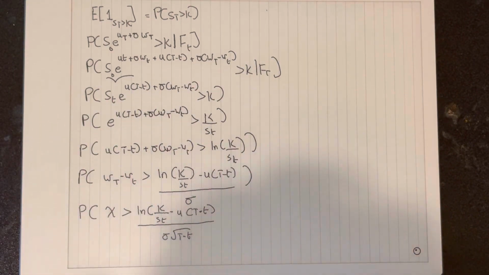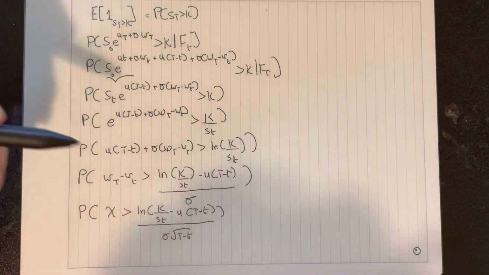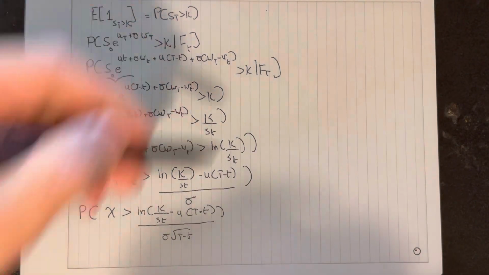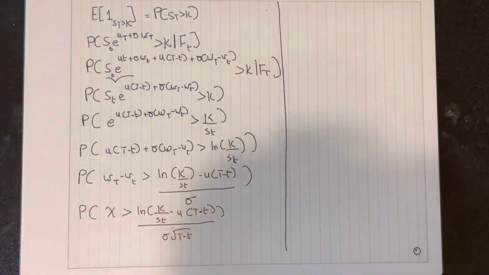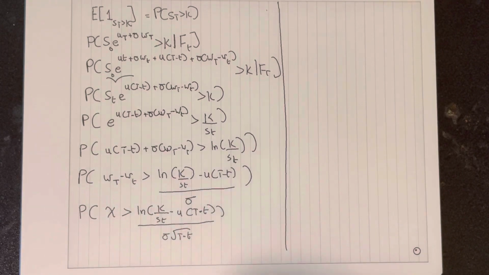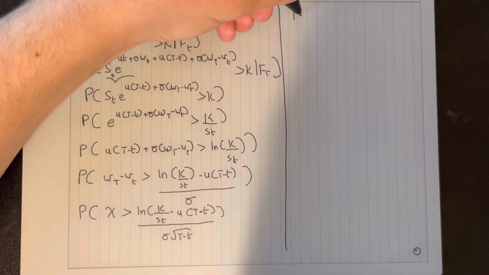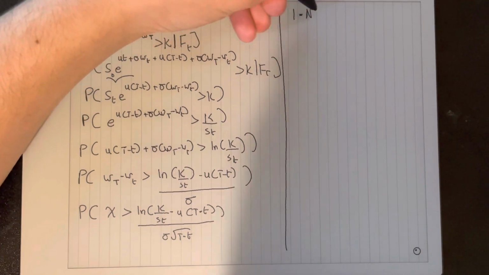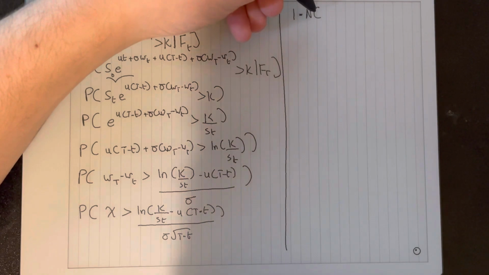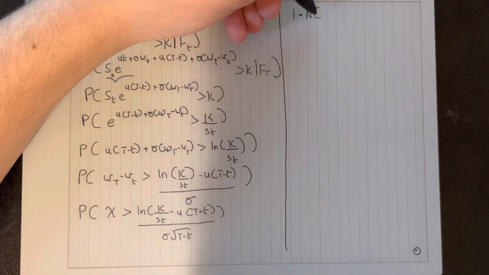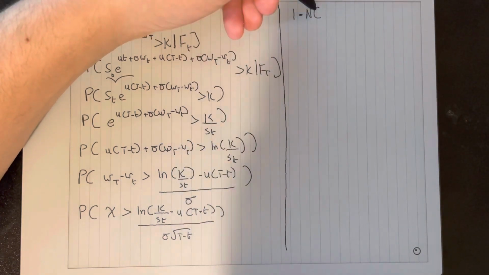Okay, so we're almost done finishing the first part of the equation. Now, what is next is that we will simply take 1 minus the normal distribution of this.